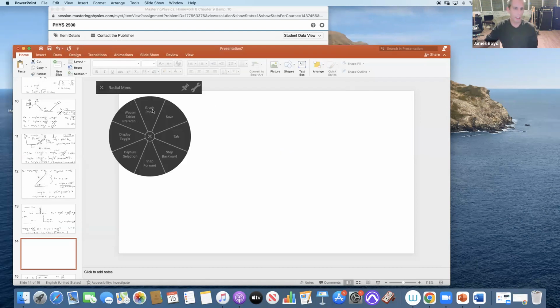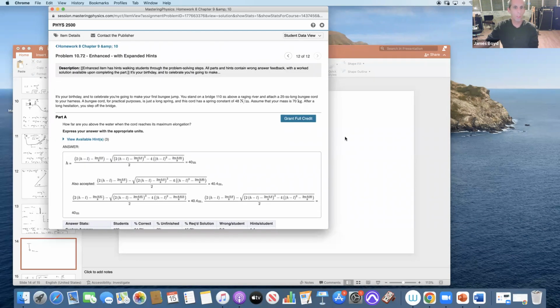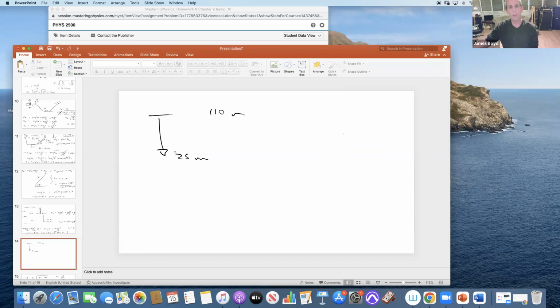So let me do this again. Maybe I messed something up. We elongated 25 meters. So we started at a height of 110 meters. This is where H initial is 0 and X initial is 0. And then we stretch down to H final, where X final is H final. And our energy there, if we start off at 0, is mg H final plus one half K H final squared.